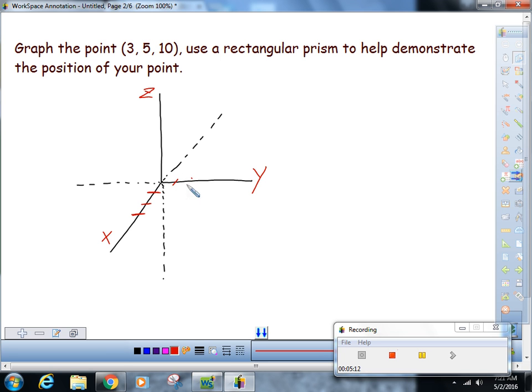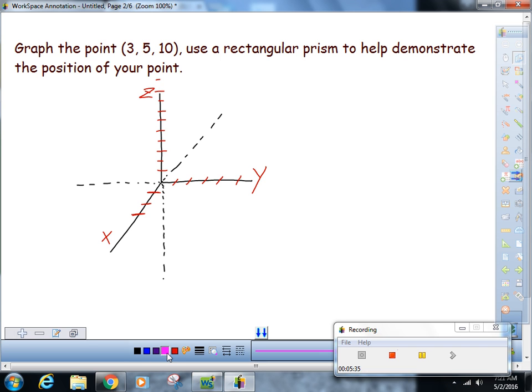So 1, 2, 3, 4, 5. And we're going up 10. Those are easy. They're just still horizontal. 1, 2, 3, 4, 5, 6, 7, 8, 9, 10. Okay? So this is actually what we're doing.